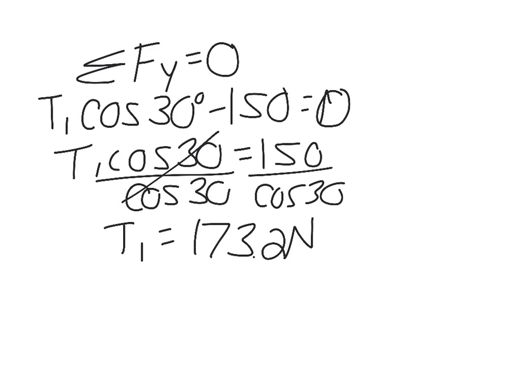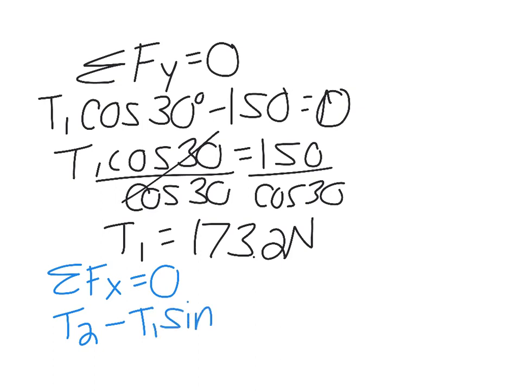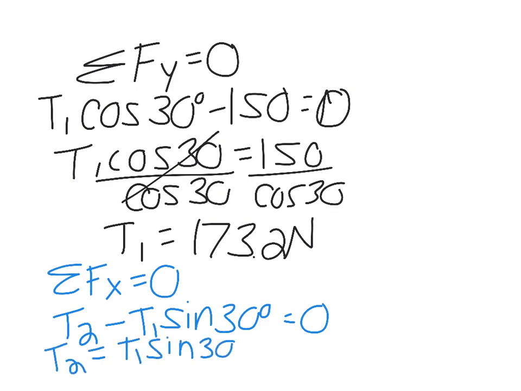Now, I also have my x direction. My forces in the x are also equal to 0, and I have T2 minus T1 sine 30 degrees equals 0. I'm solving for T2, and I already know what my T1 is. So T2 equals T1 sine 30 degrees.